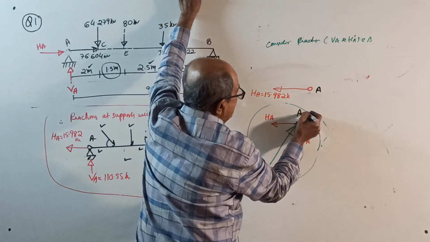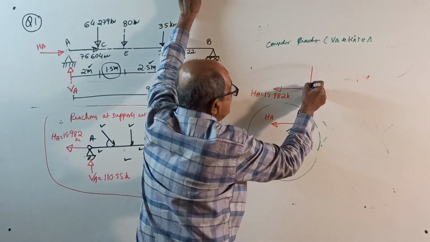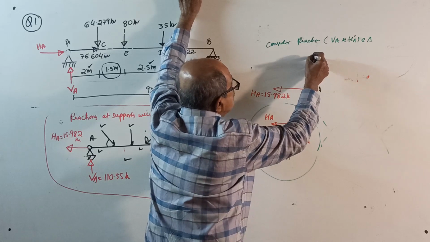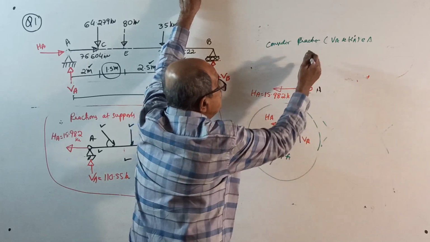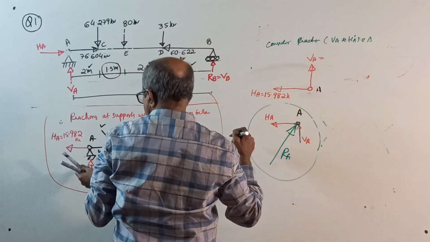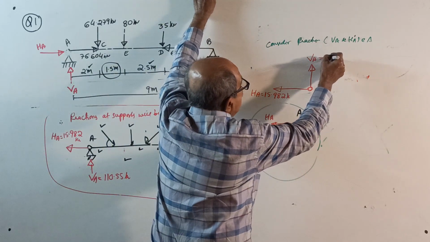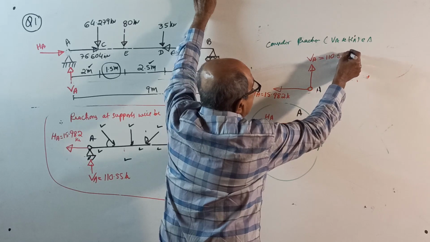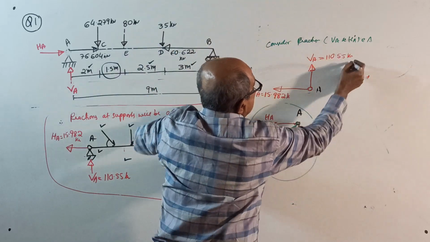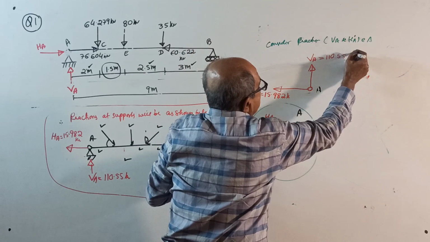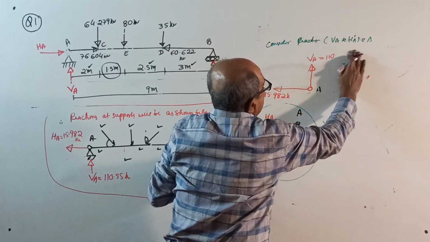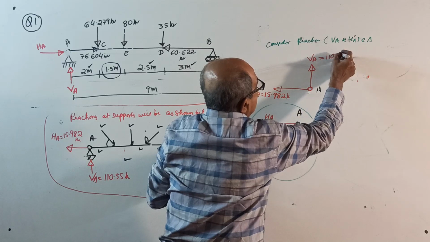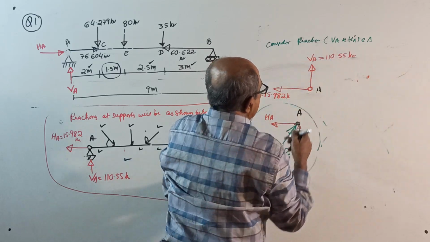So do not write like this. You write this way. See, you write that also going away from the point. Answer 110.55 kilonewton.